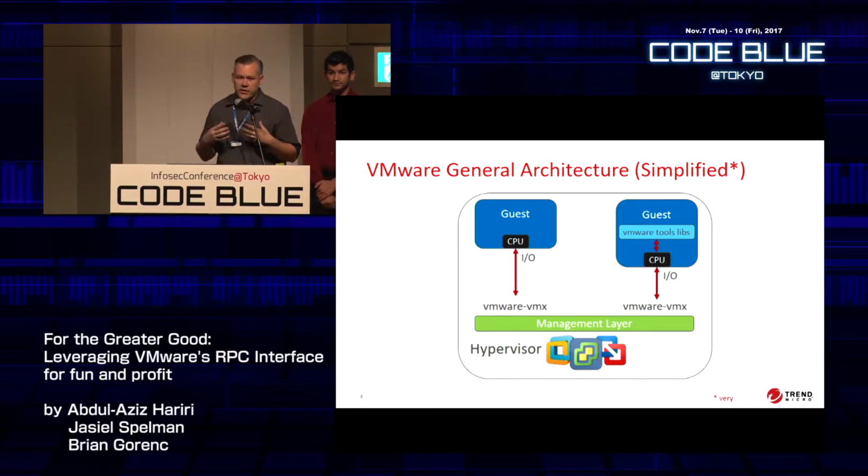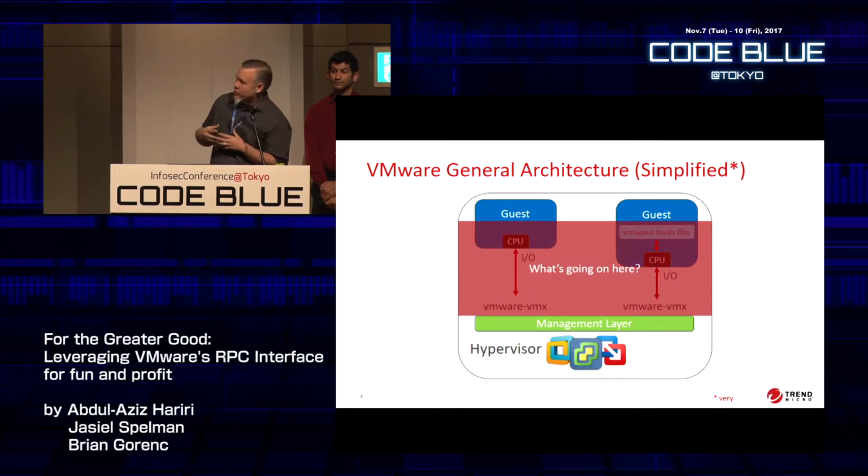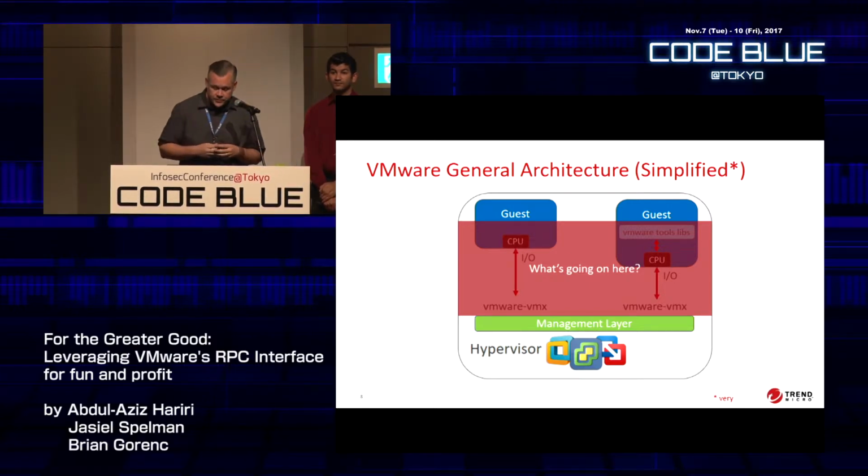You can interact with this I/O layer through the CPU or through libraries that interface with the CPU itself, specifically the VMware Tools libraries. There's a lot of communication that happens back and forth there. And this red box on the screen is all black magic for most people. There's not a lot of understanding of what happens between these different layers, the communication that happens. So we're trying to expose some of that for the audience today.